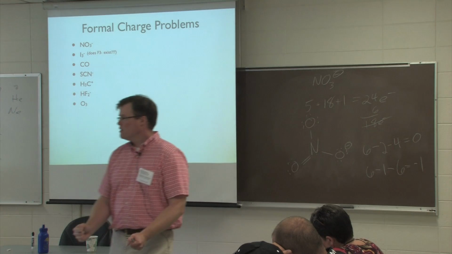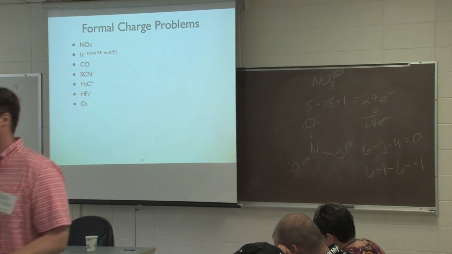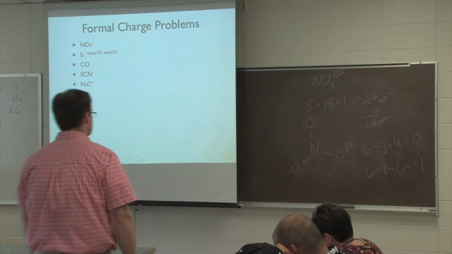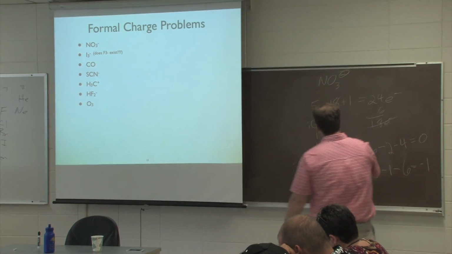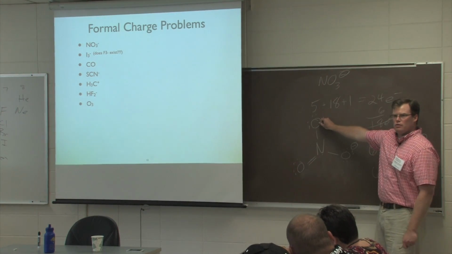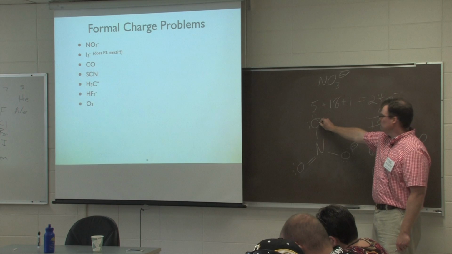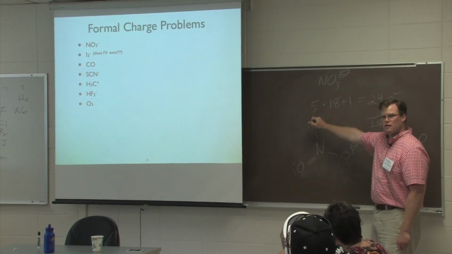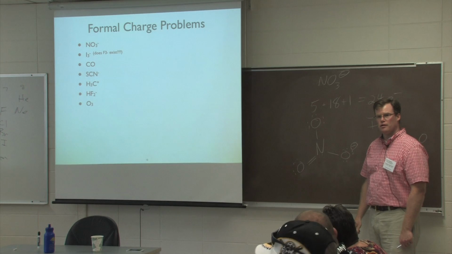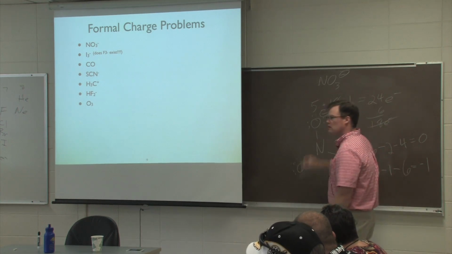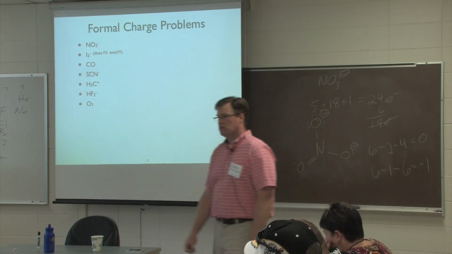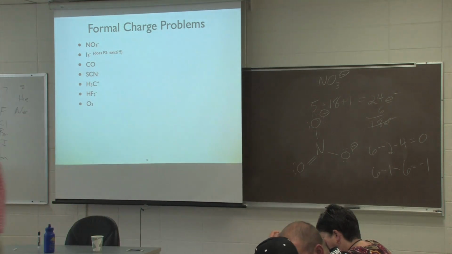Is everybody okay with that? So a negative charge on that oxygen. Can we all agree that this other oxygen is in the same boat? It's in the 6th group, shares 2 electrons, has 6 unshared electrons around it. So that's going to be -1 as well. Is everybody okay with that?